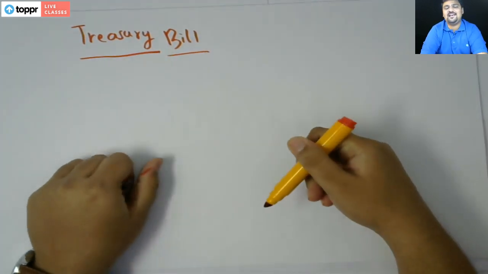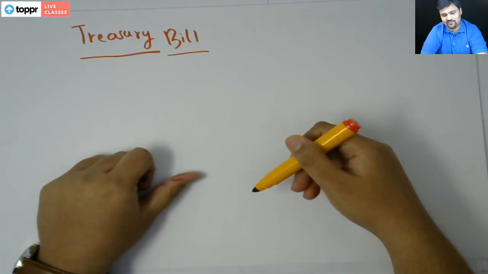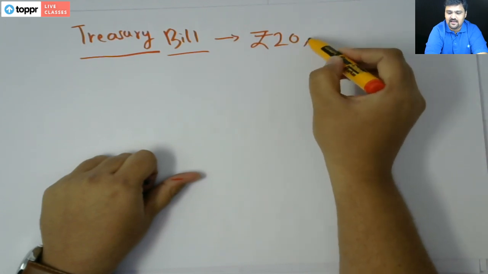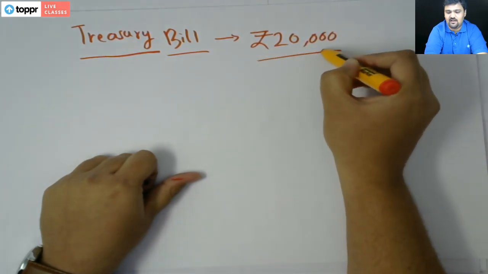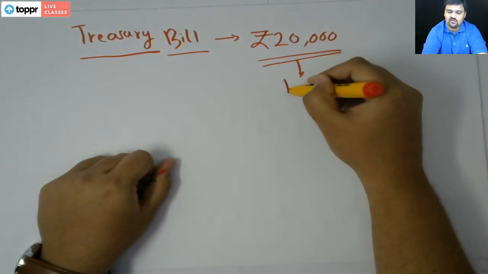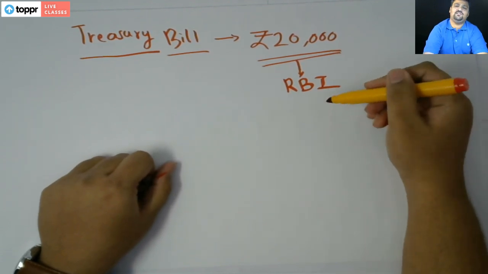Now, what is happening in a treasury bill? There is a person who is an investor. He is investing rupees 20,000 in a treasury bill. For the investment, he is going to the Reserve Bank of India. But what happens?